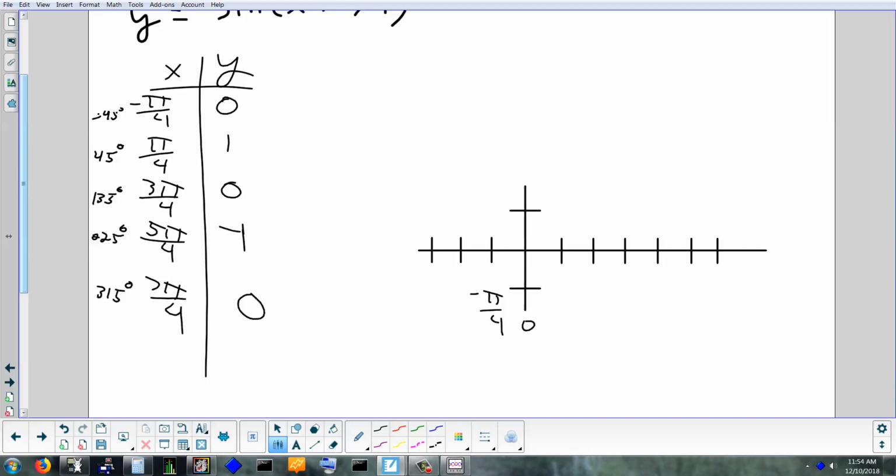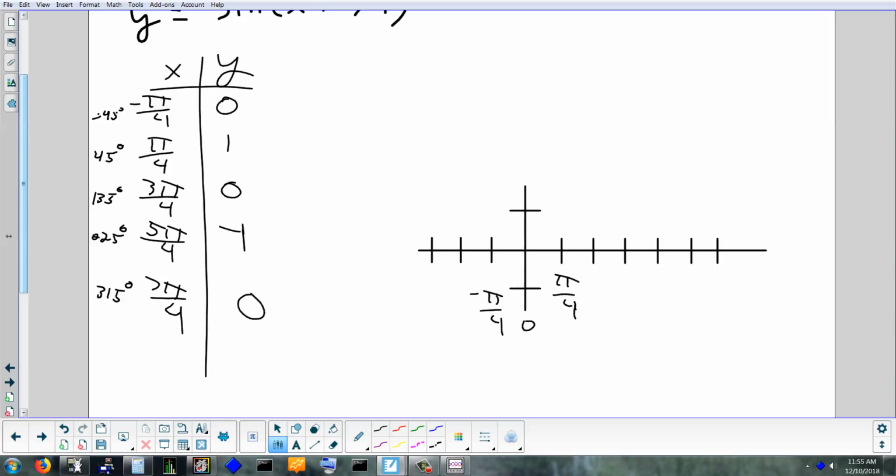So let's put pi over 4. Now, where would 3 pi over 4 go? So from pi over 4, where would you put it?